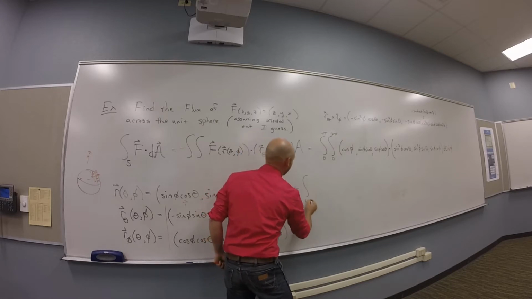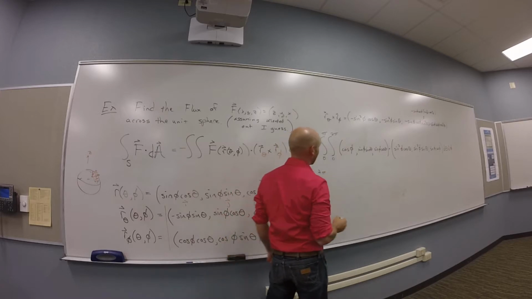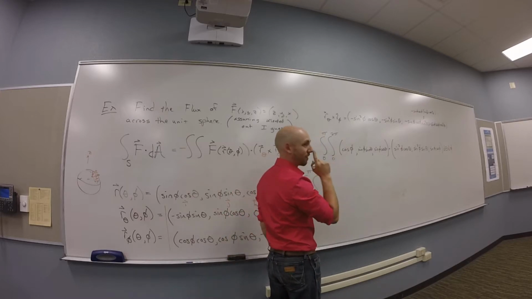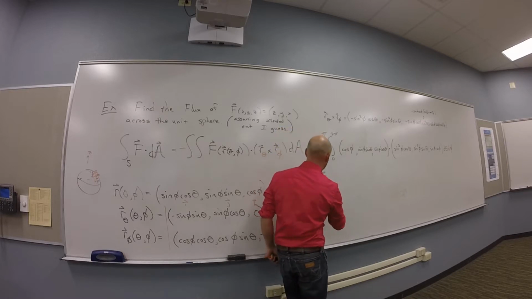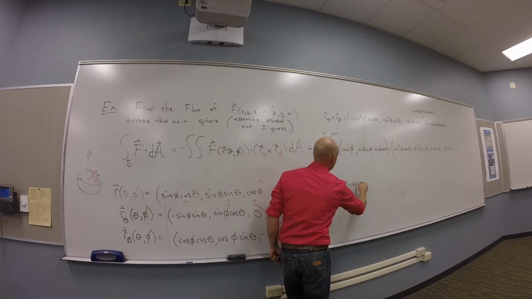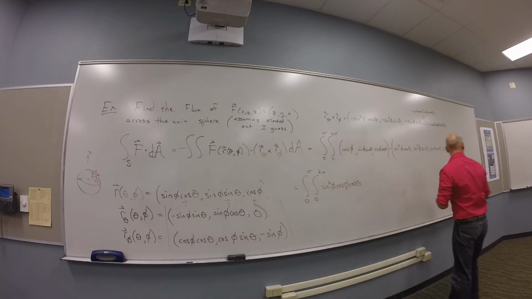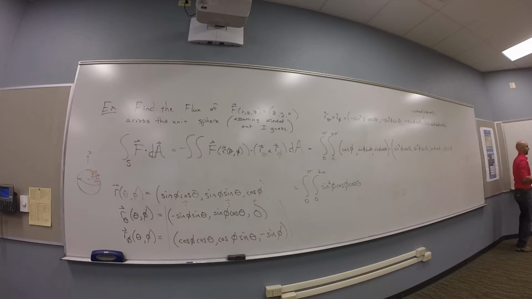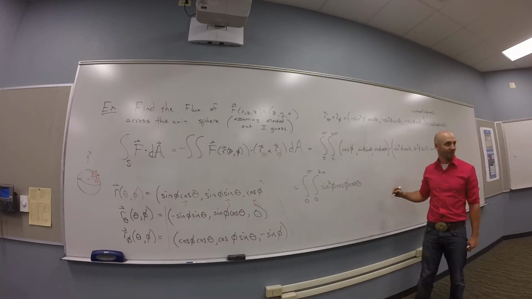Equals the integral from 0 to pi, integral from 0 to 2 pi of, what's your first one? Sine squared phi cos phi cosine theta. You know it's Calc 3 when you can use up a whole marker in a file. What's your next component?